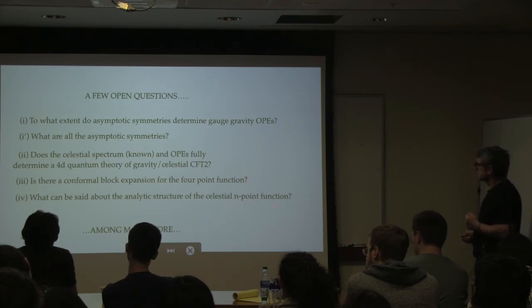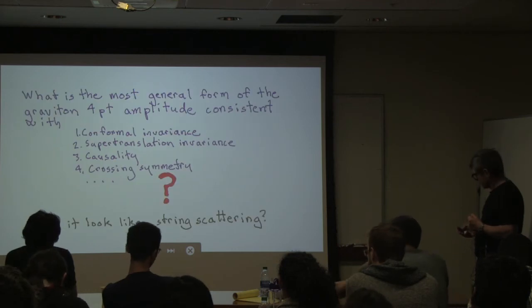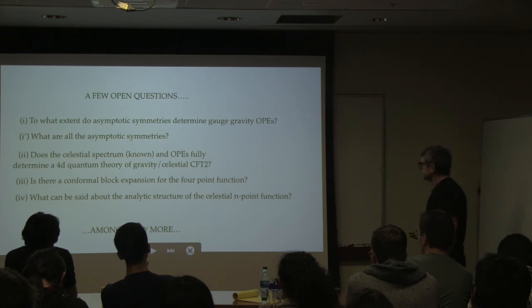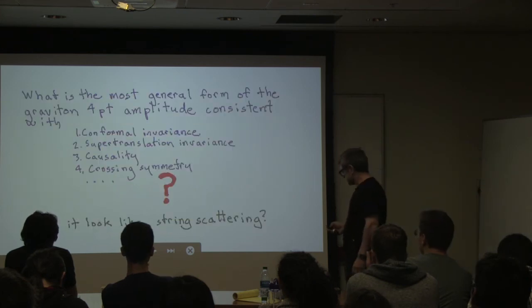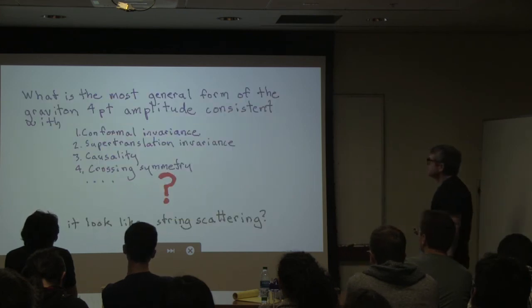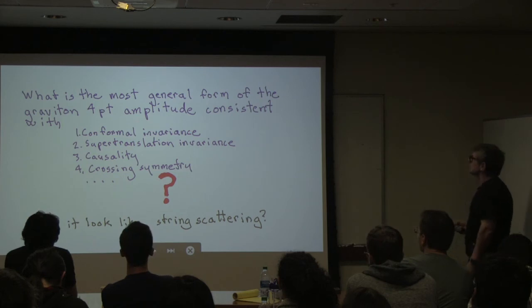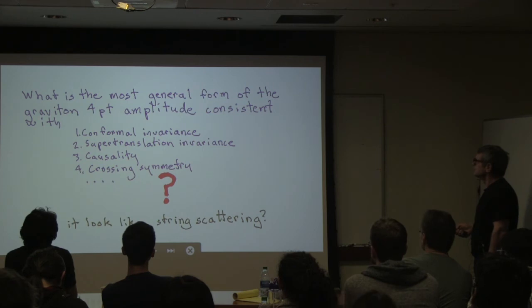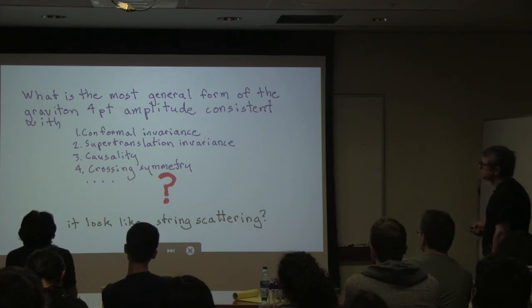And as I was mentioning at the end, it's interesting to understand what can be said about the analytic structure of the celestial amplitude function. And I think a really especially interesting question, which I've been focusing on, is what is the most general form of the graviton 4-point function?